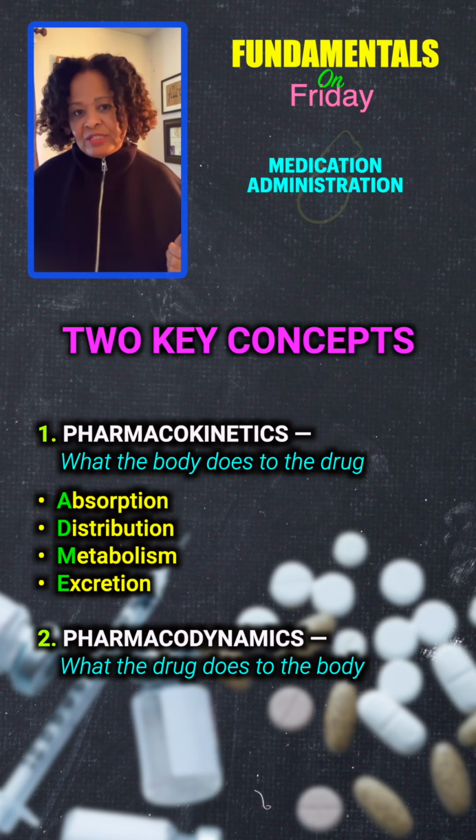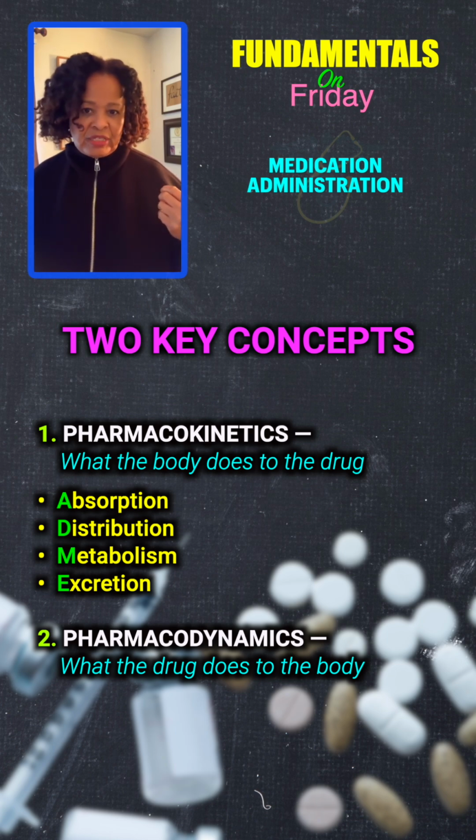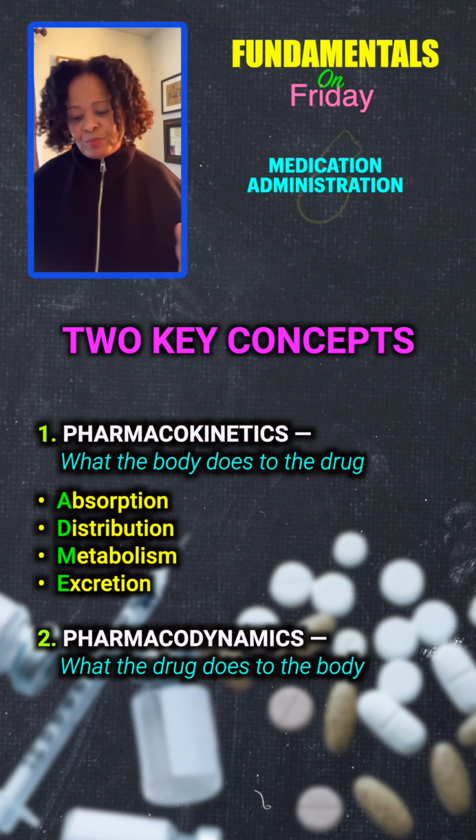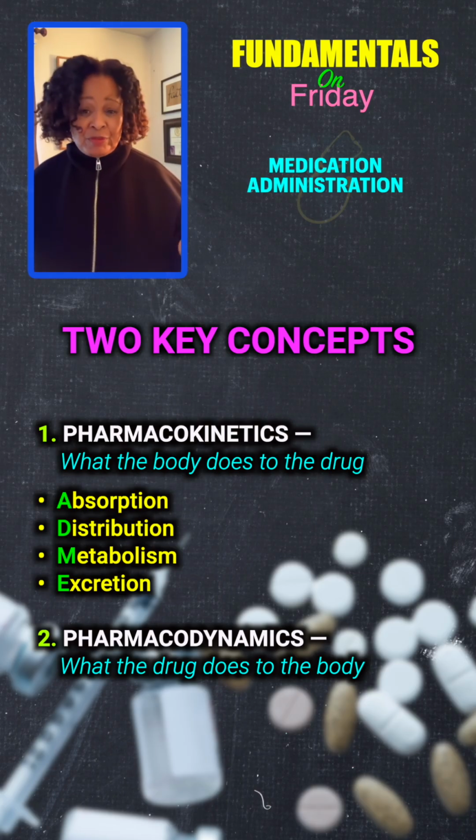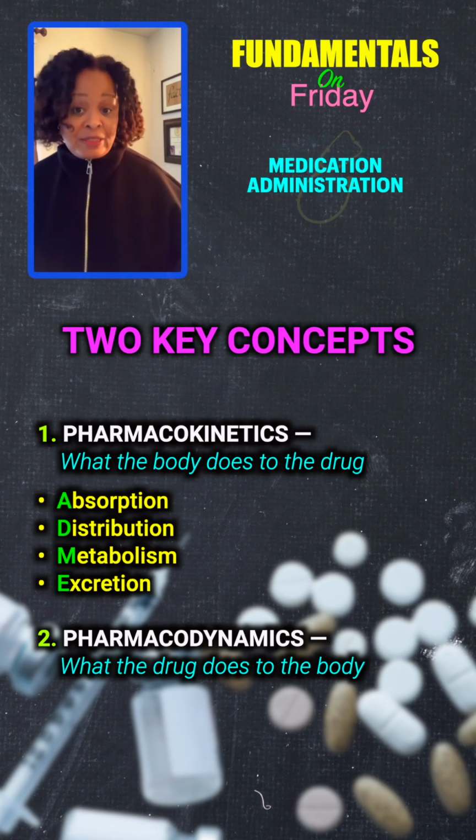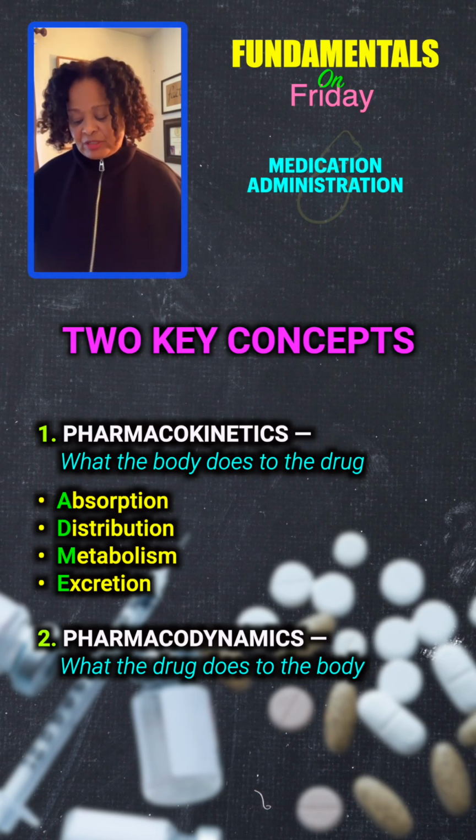There are other things to consider as well: the age of a person, BMI, if the person's pregnant or not, the gender. All of those can possibly impact or be impacted by the administration of medication.